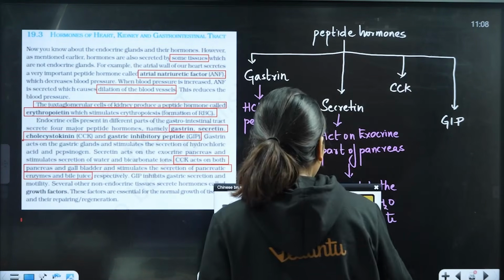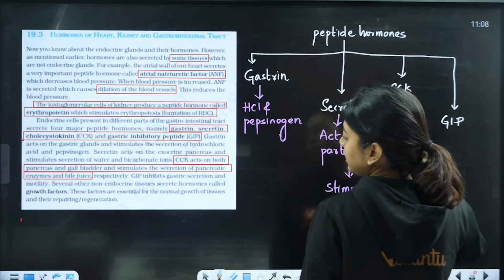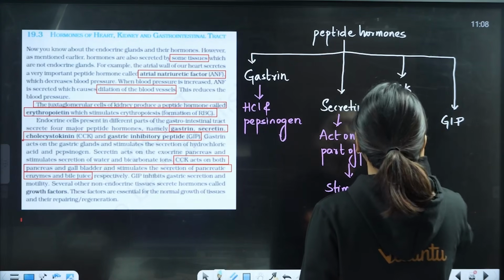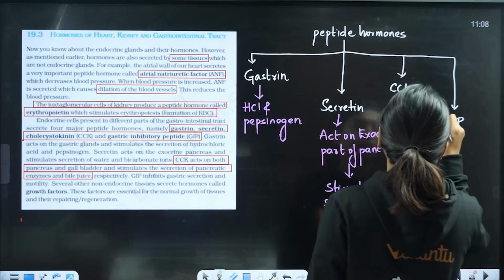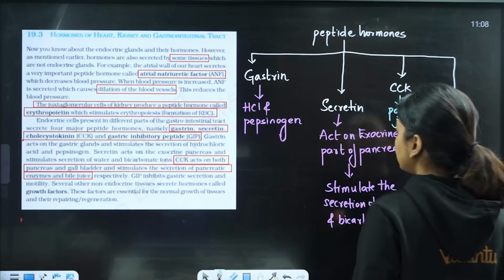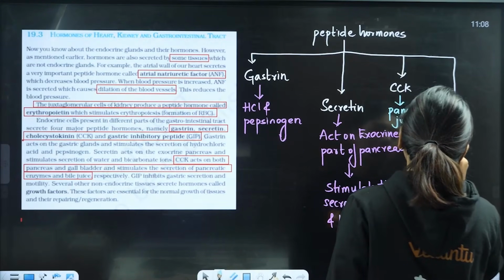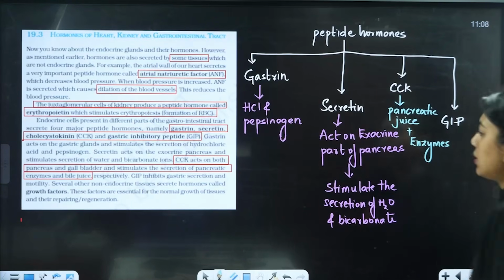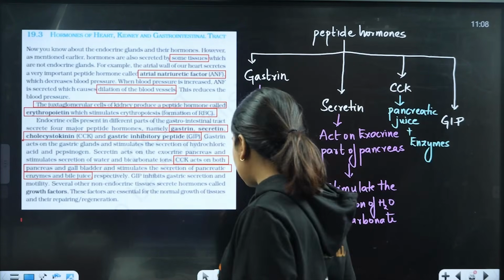So here this fellow is going to do the job of, I don't think we can write, pancreatic juices, pancreatic enzymes plus bile juice.